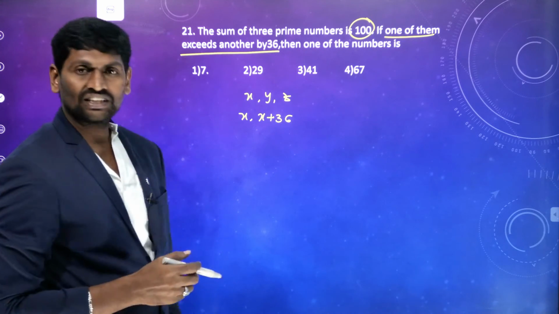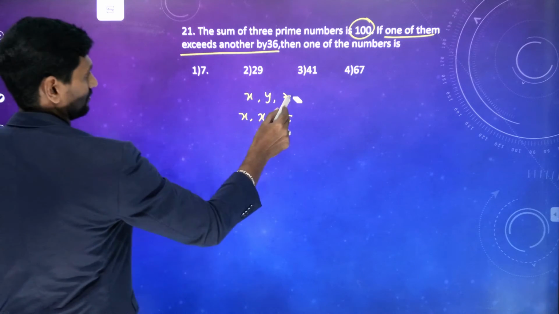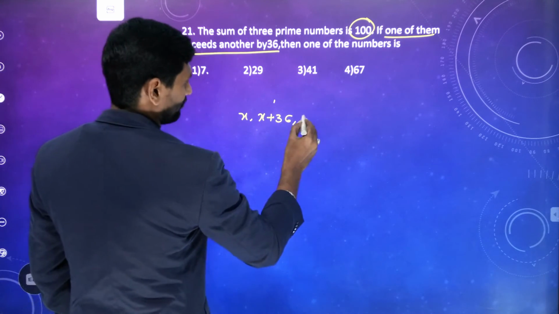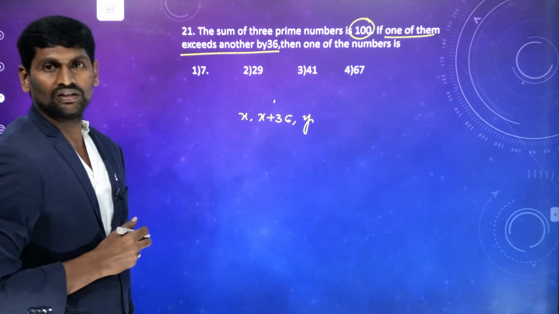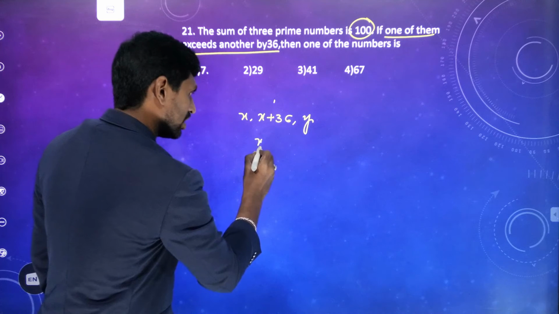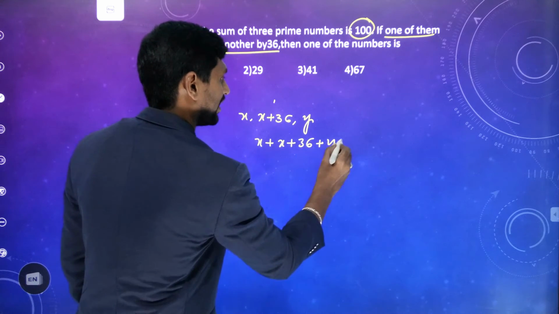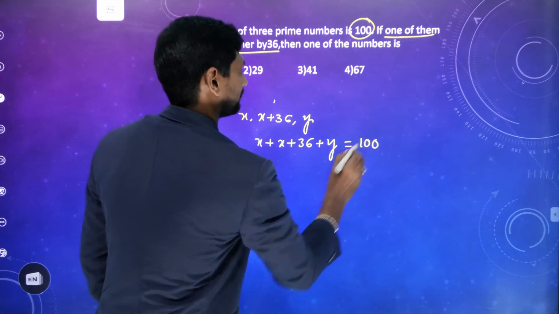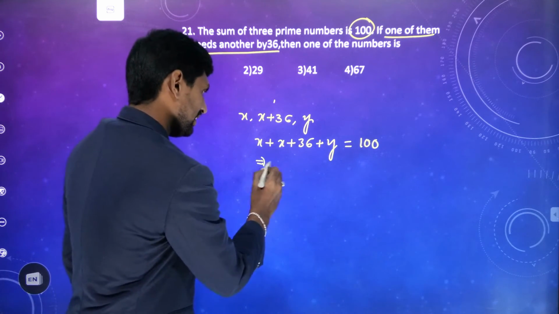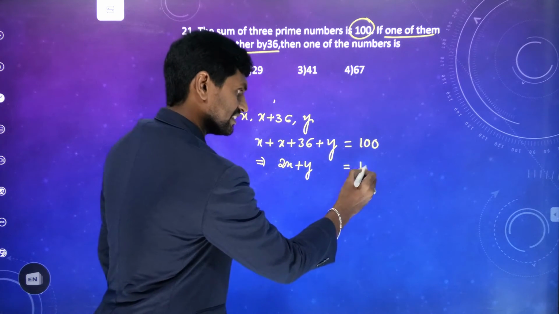Now the third one I can take as Y. The sum of the 3 prime numbers is 100, so add all of them: X plus X plus 36 plus Y equals 100. Now transposing the 36 to that side, 2x plus y equals 100 minus 36.